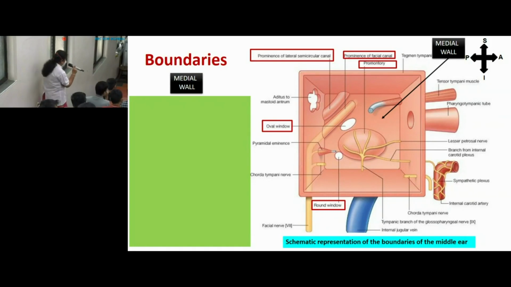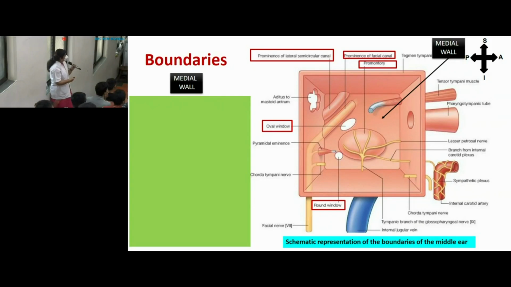So this processus trochleariformis is the area around which the tendon of the tensor tympani muscle hooks, and then it is inserted on the malleus bone. Okay, the handle of the malleus. Okay, so the extension of the processus trochleariformis is also seen along the medial wall, and in the uppermost part you can see, yes, the prominence of the semicircular canal is also seen.